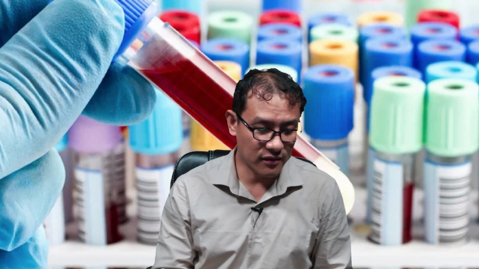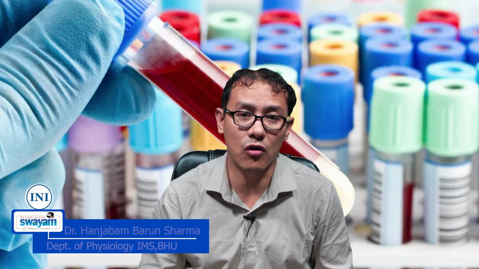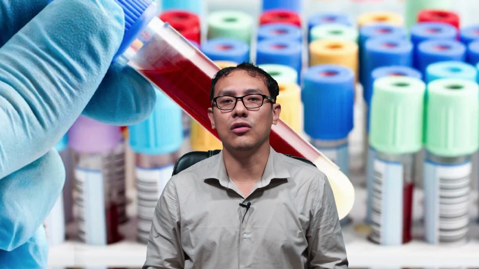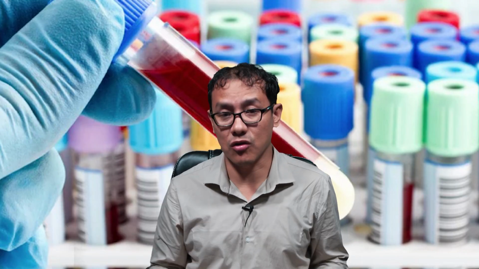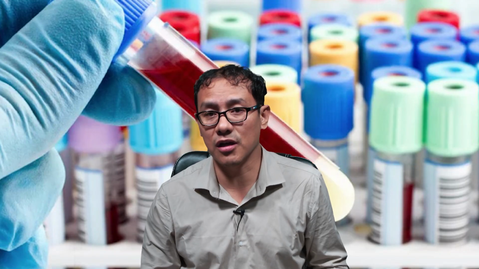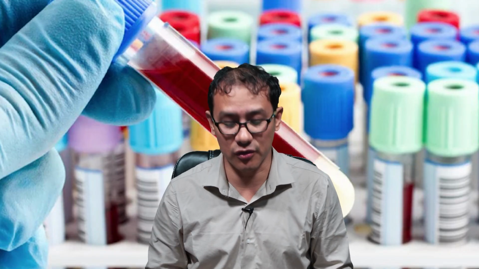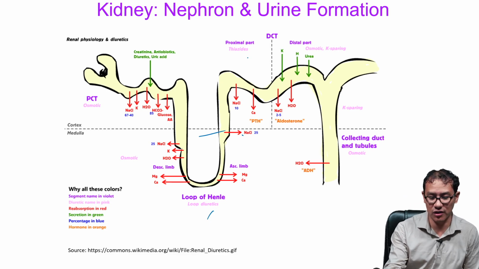Similarly, different drugs can be given which act on different segments of the nephron in order to produce diuresis, or increased secretion of the water part of the urine. I will not go into the detail.